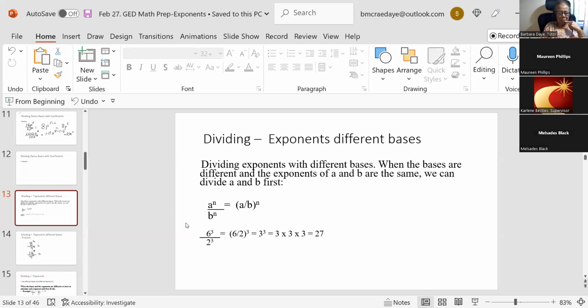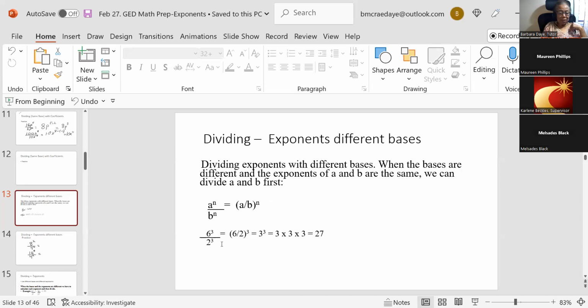Now, I put A and B, and I put an example here: A to the n divided by B to the n. So you divide the bases, A and B, and then raise it to the n power. So you have different bases, but the same power, okay?